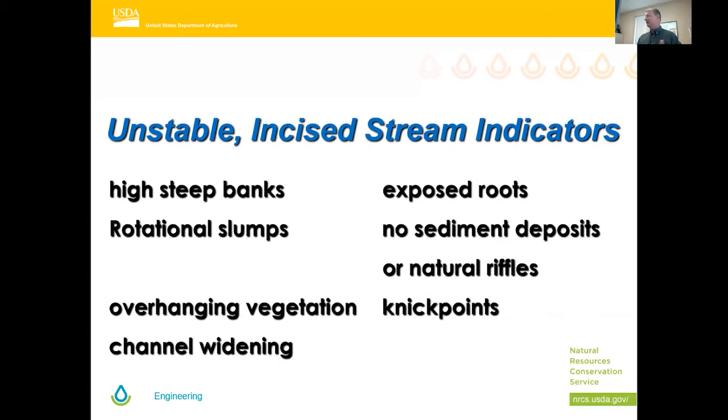One of the things I look for right away is no sediment deposits or natural riffles, no point bars or naturally occurring riffles in the stream that might tend to occur about every 10 bankfull widths. You won't see those in channels that are incising. And nick points, I'll show you a photo of one of those here in a minute in the channel bed. So those are some immediate indicators of where the stream is in the equilibrium process and where it is in that channel evolution model.